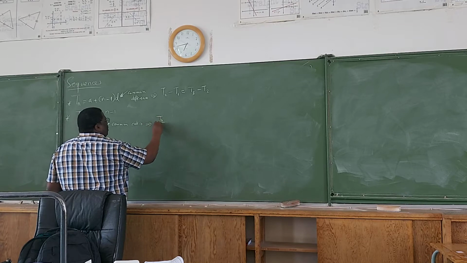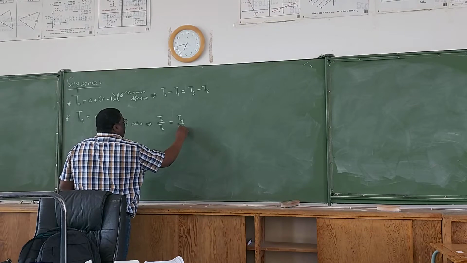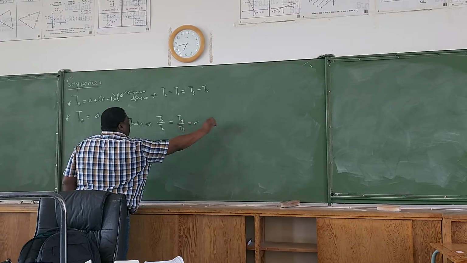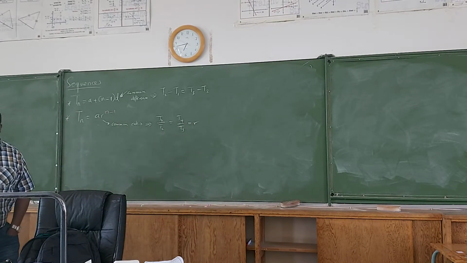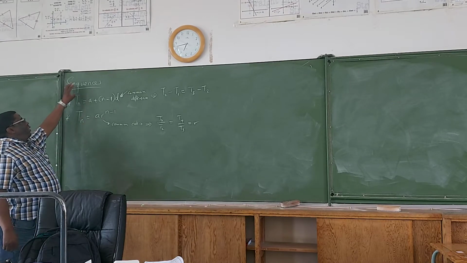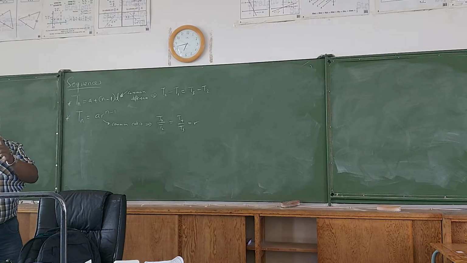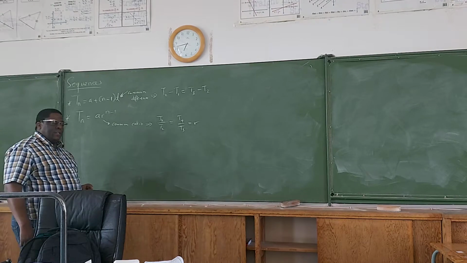Whatever is in term 3 divided by term 2, and term 4 divided by term 3, that r is what we are talking about. So you need to determine whether a sequence you are given, a progression, is an arithmetic progression or a geometric one.